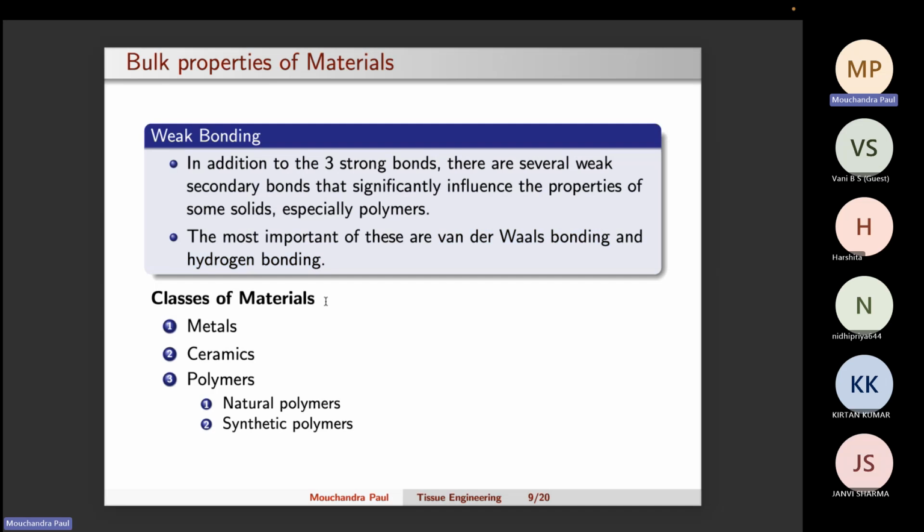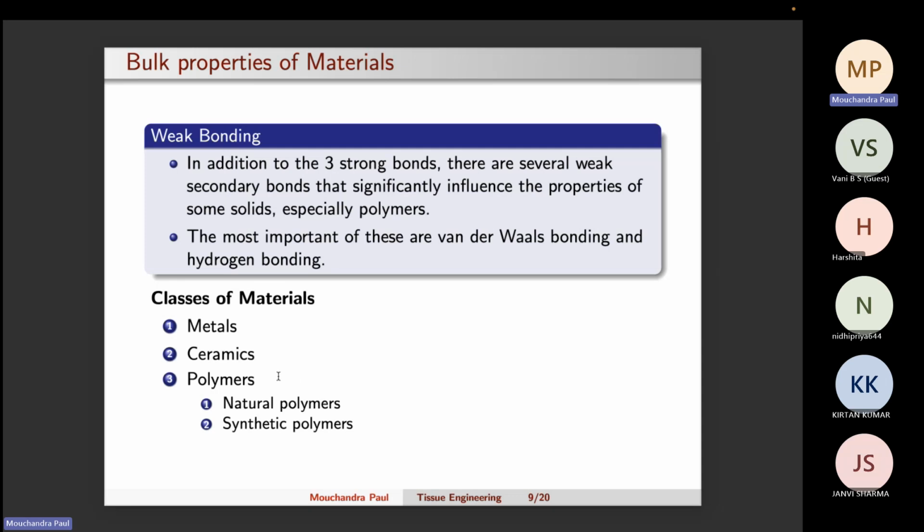In my simple discussion, I have slightly hinted at the classes of material available to us. So this is the complete list. Mainly there are three classes of materials that people use in general. In all three, you will find examples: a few metals, a few types of ceramics, a few types of polymers.